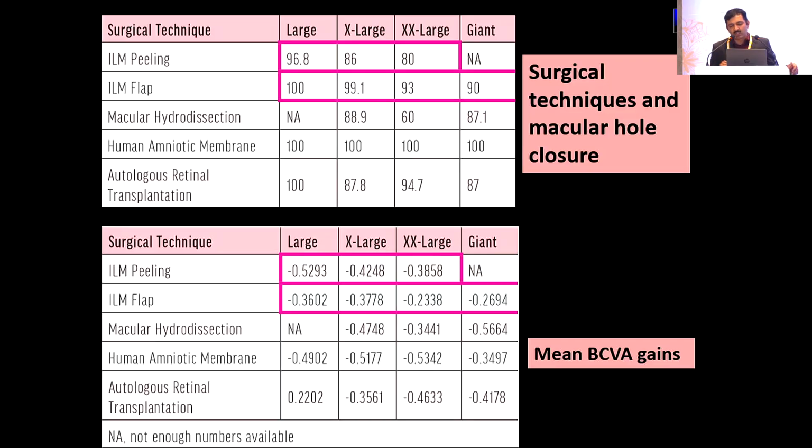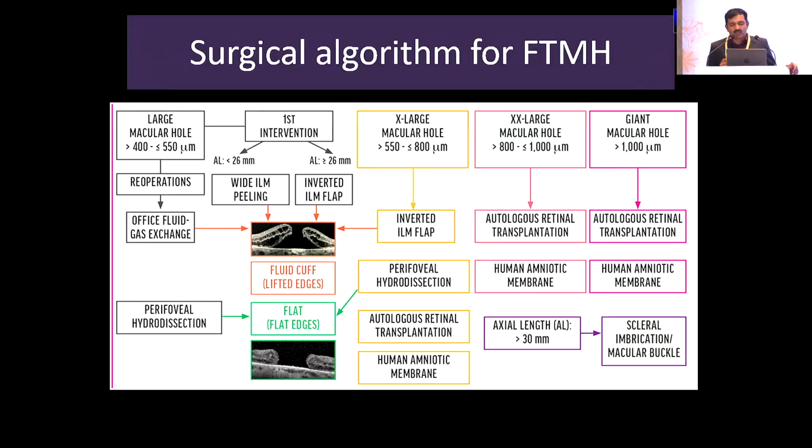These are the two charts which clearly show that the larger the hole, probably the ILM peeling may not be sufficient to get the closure and the good functional recovery. This is an algorithmic approach one should usually follow. If you see small holes, ILM peeling helps. If there is a reopening or non-closure of the holes, please look at the edges of the hole. If there are just cystoid, flat edges, you can consider macular hydrodissection.